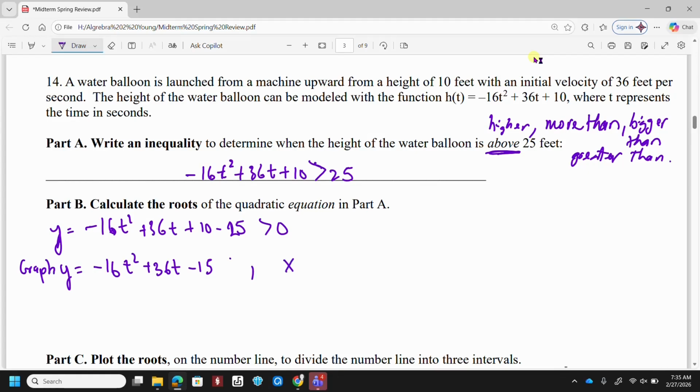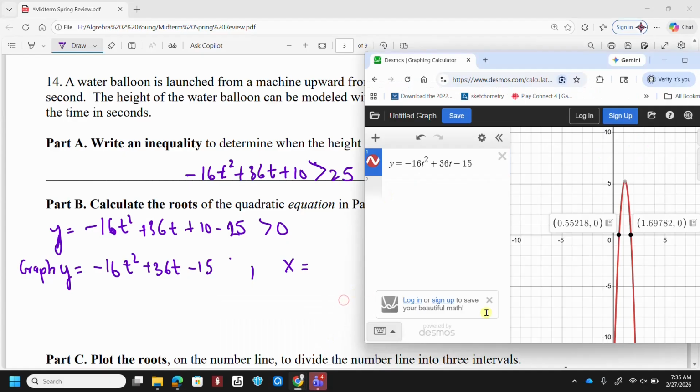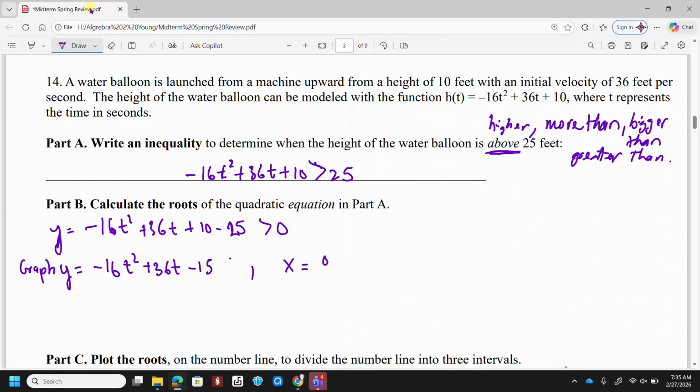Then you're going to have the x. So let's pull up the x again. Let's take 0.55 and 1.70. x is equal to 0.55 and x is equal to 1.69, but round it up to 1.70.